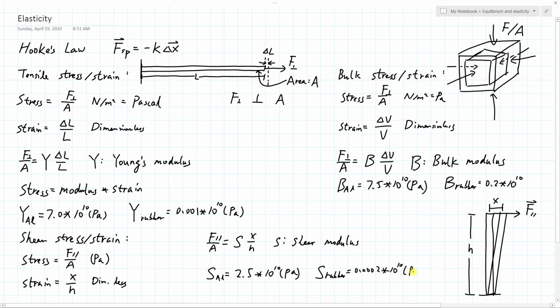This is much smaller even than the Young's modulus. Just imagine trying to shear rubber, say some sort of rubber object. It should be easier to shear than to stretch.